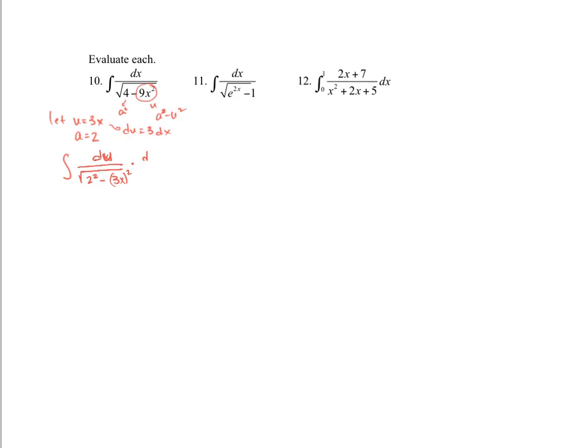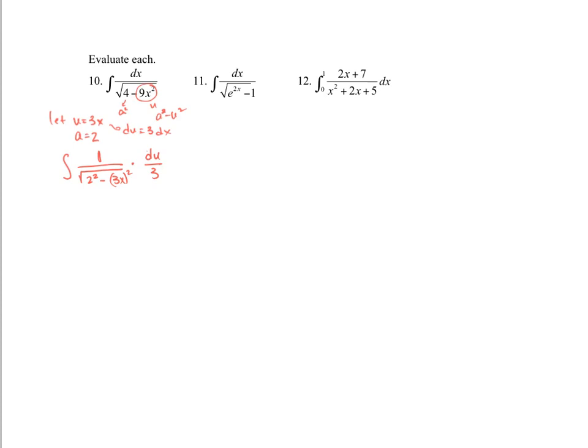Let me see if I can erase this. Sometimes it doesn't let me erase so well. There it goes. Okay, so let's go ahead and substitute this in as 1 right here, and then du over 3.